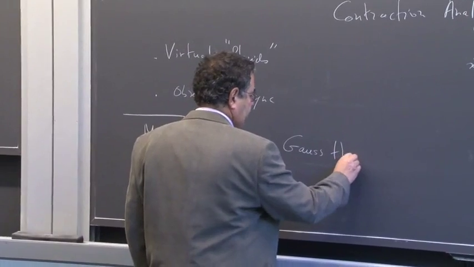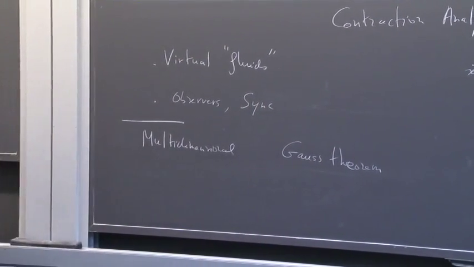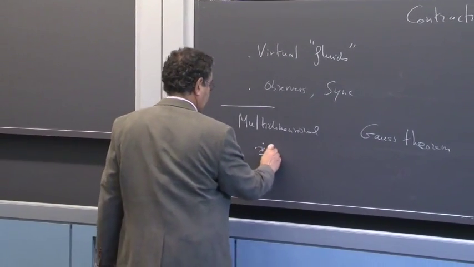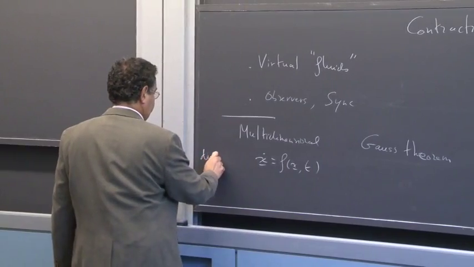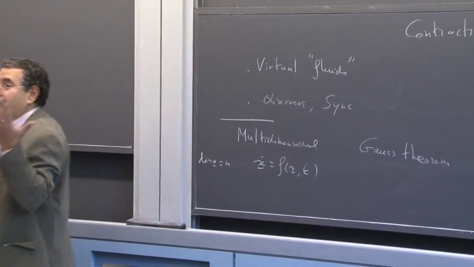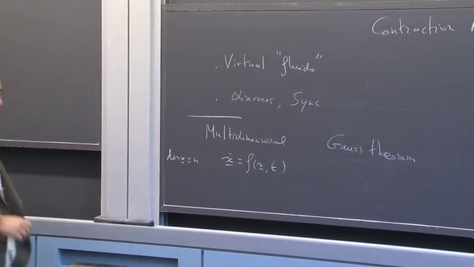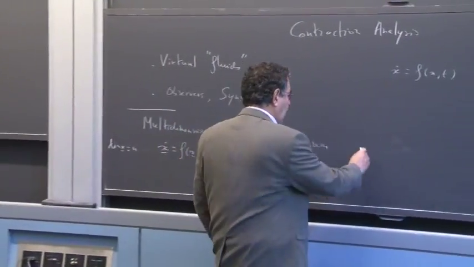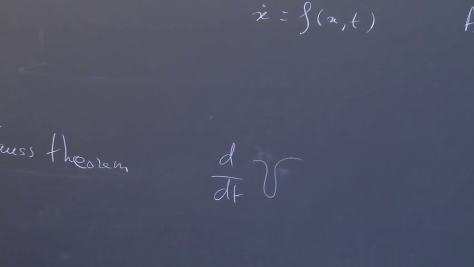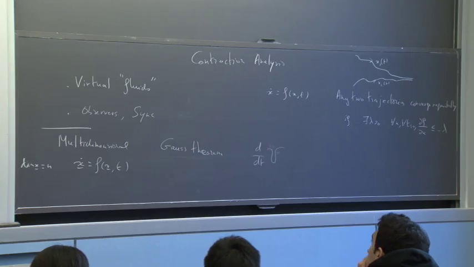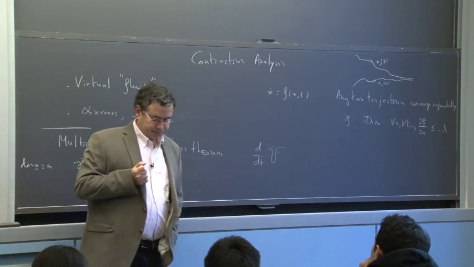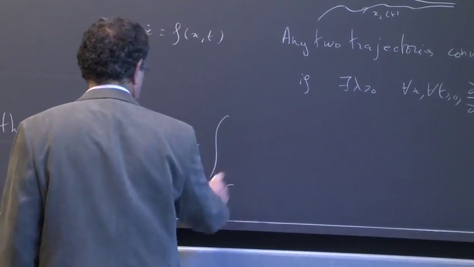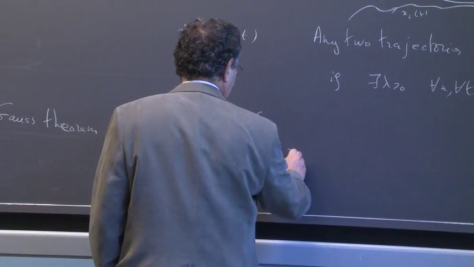One of them is what's called Gauss theorem, which is a purely geometric result, which says that if you have an n-dimensional system, which you can view as an n-dimensional fluid if you want, Gauss theorem is saying if you take any volume, any region if you want, in this system, and you compute the time derivative of the volume of that region as time goes on, that time derivative is equal to the integral over that volume of the divergence of x dot.